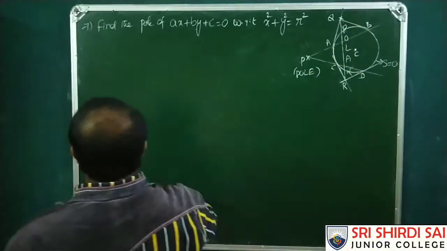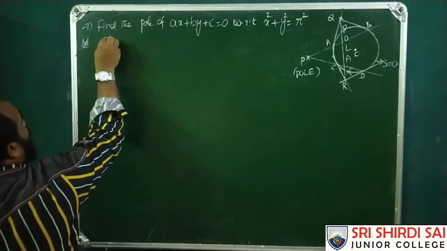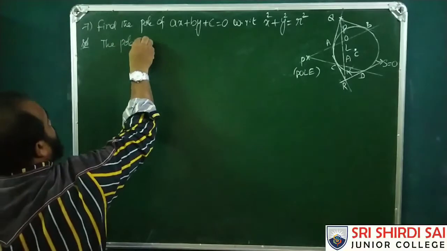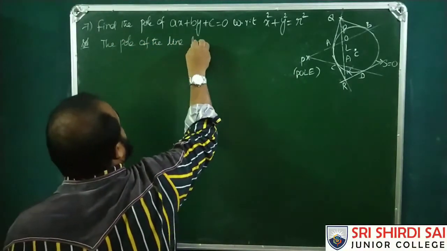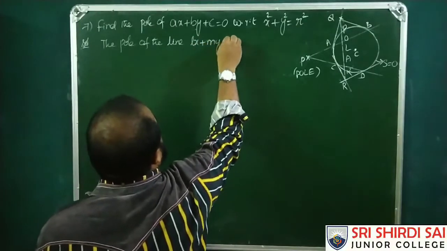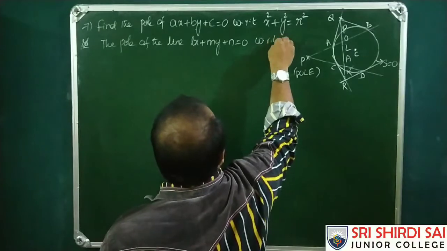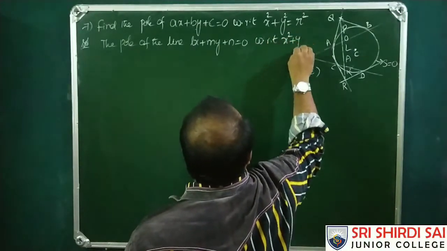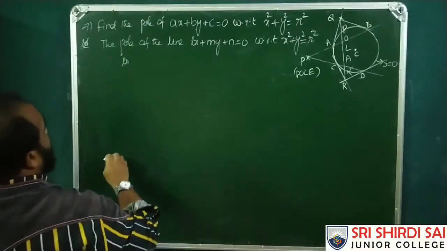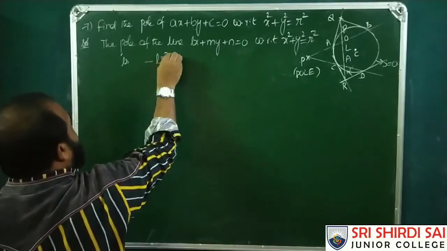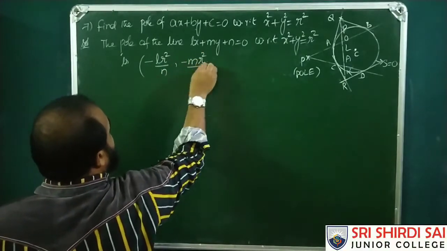We knew the formula: the pole of the line Lx + my + n = 0 with respect to the circle x² + y² = r² is (-L r²/n, -m r²/n).